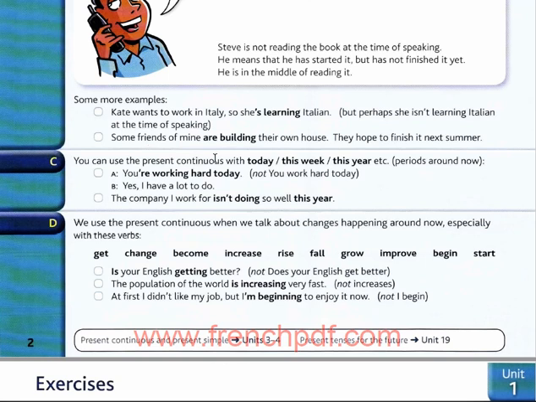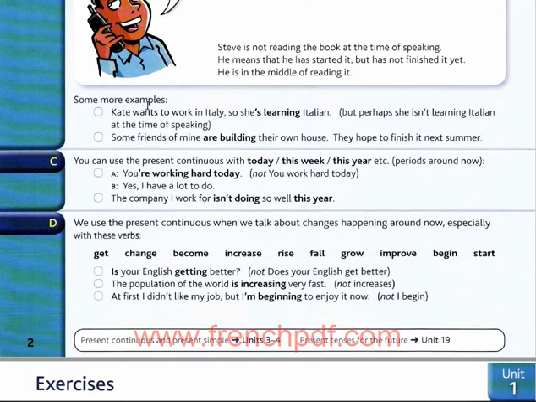So the same, she has started learning Italian because at the time of speaking she wants to learn Italian. For example, some friends of mine are building their own house. They hope to finish it next summer.